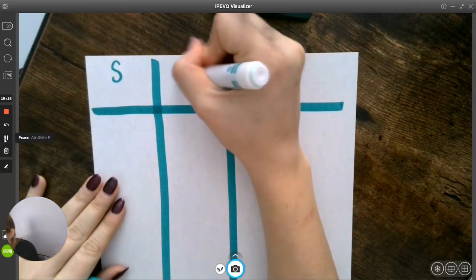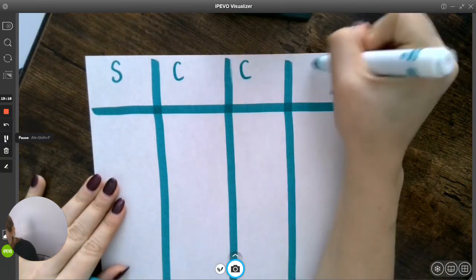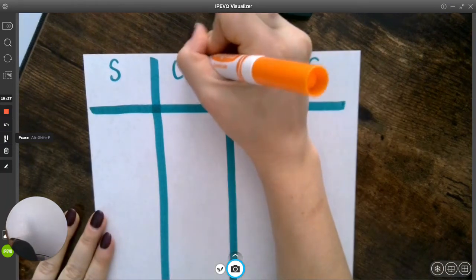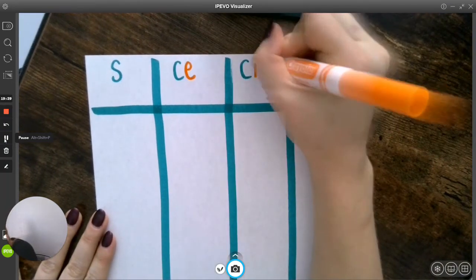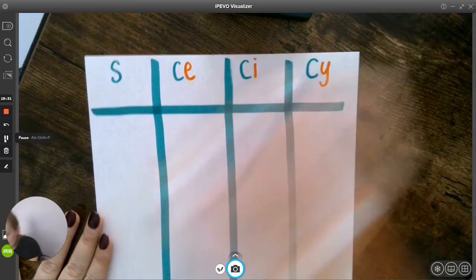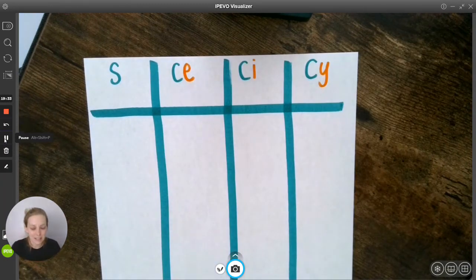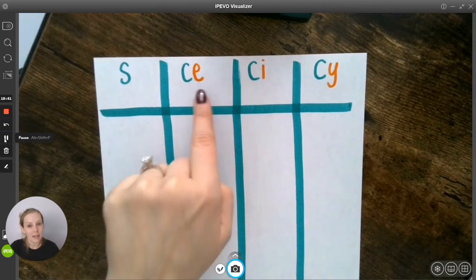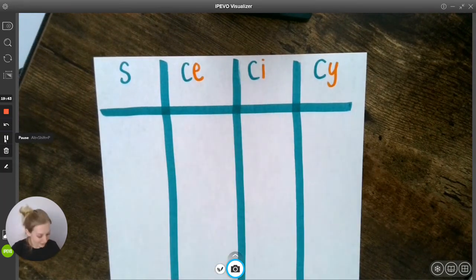This is going to be C, this is going to be C, and this is going to be C, but I'm going to put the headings as C-E, C-I, and C-Y. Why do you think I did that? Because C always softens to S when followed by E, I, or Y.